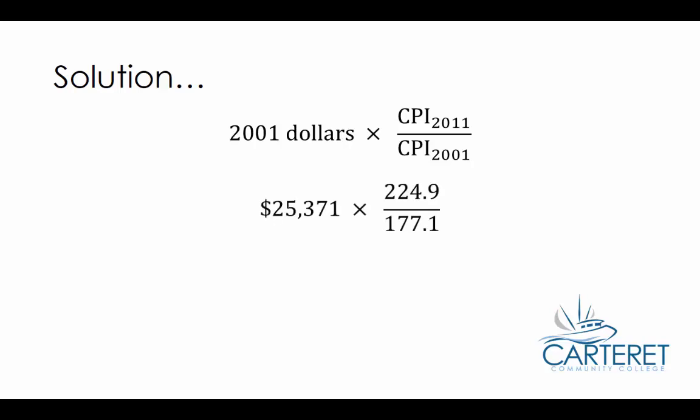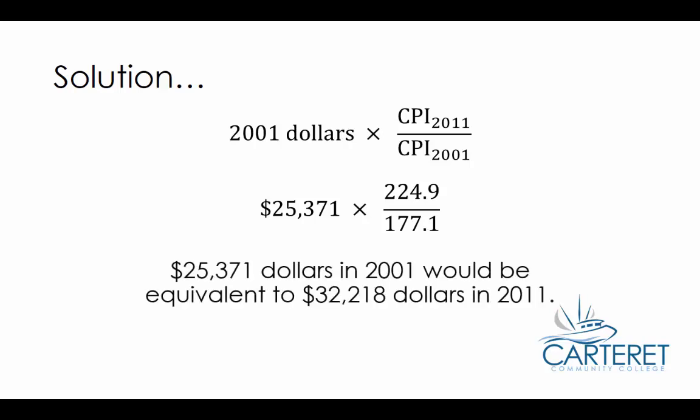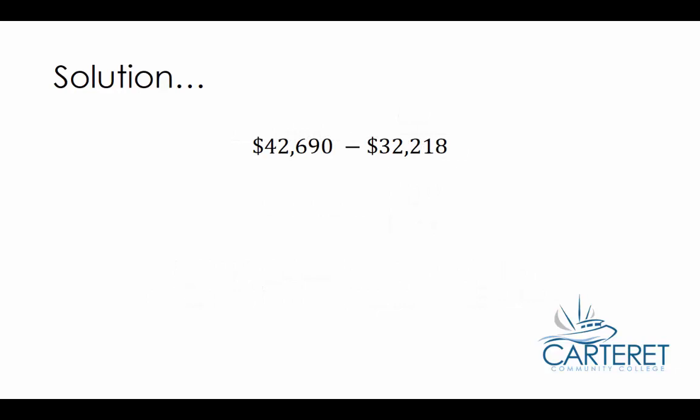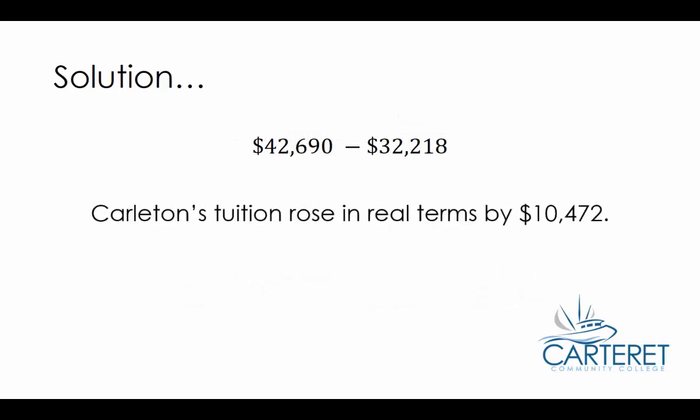The ratio of 224.9 to 177.1 indicates that items are roughly 1.27 times as expensive in the new year as they were in 2001. So we see that $25,371 in 2001 would be roughly equivalent to $32,218 in 2011. We can now see that Carlton's tuition rose in real terms by $10,472, or after we account for inflation, there was an added increase of tuition of $10,472.